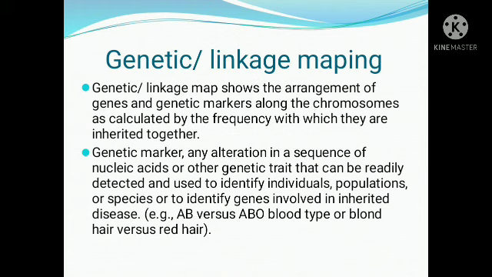If they go together, they are somewhere close by. If they are not going together with certain characters, we can identify that these two characters are away, not very close. So here we are identifying the genetic arrangements and markers.